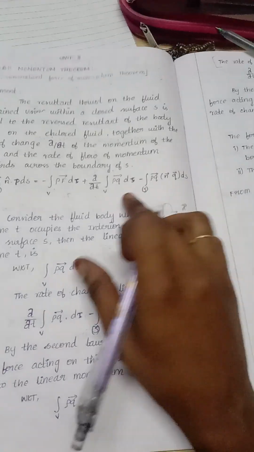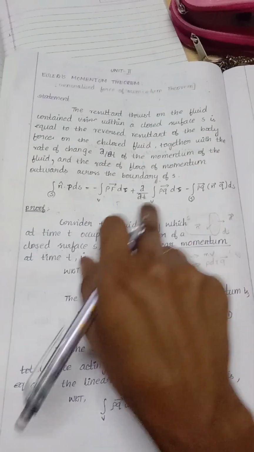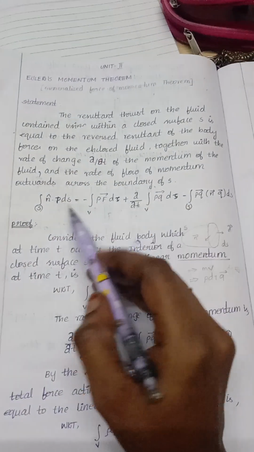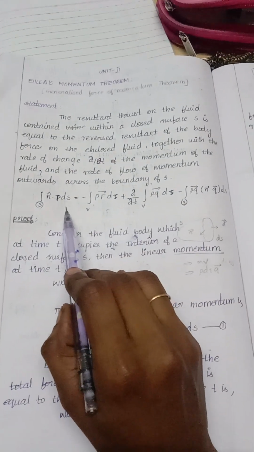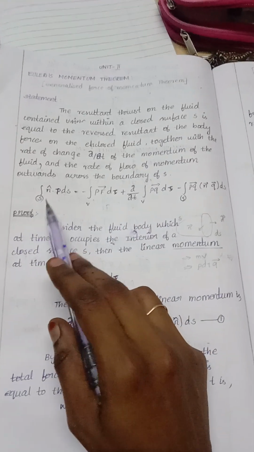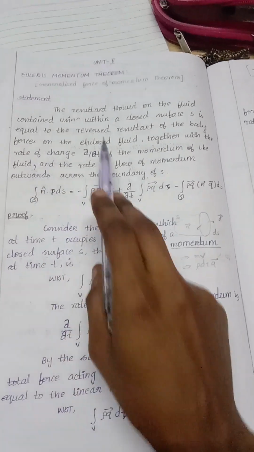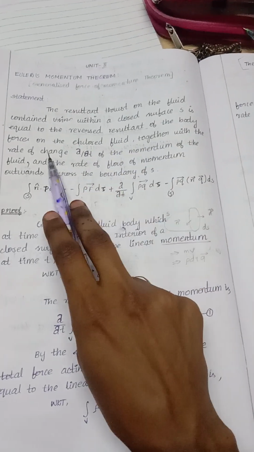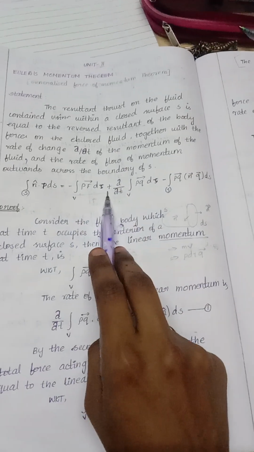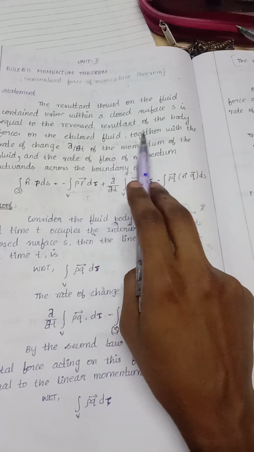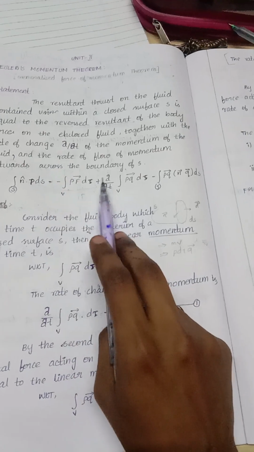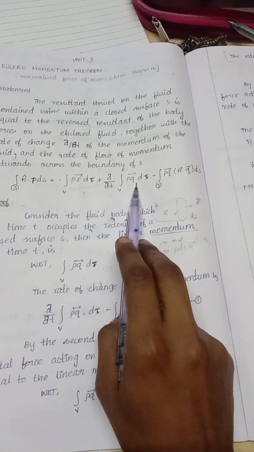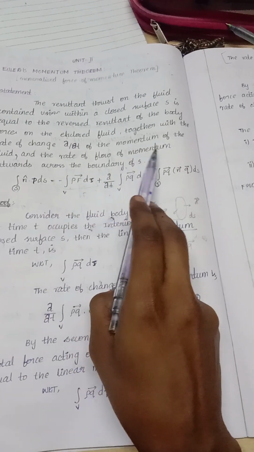the boundary of S. So the equation is given here, that is nothing but the resultant thrust on the fluid body, and this is known as the resultant thrust on the fluid body that is contained in the closed surface S, that is equal to the reversed, that is, minus the reversed resultant of the body force enclosed within the fluid, together with, in addition to that, the rate of change, that is ∂/∂t, of the momentum of the fluid, and the rate of flow of momentum.